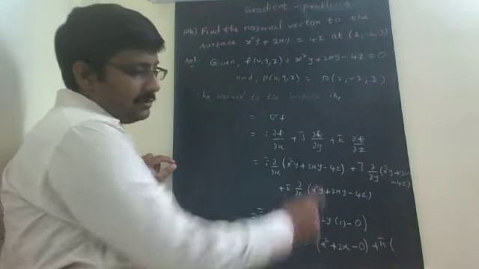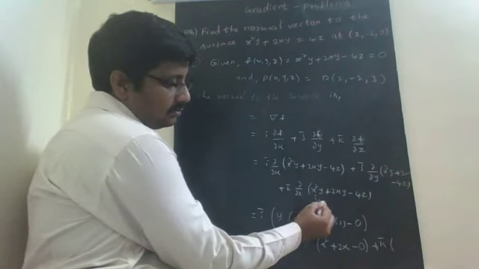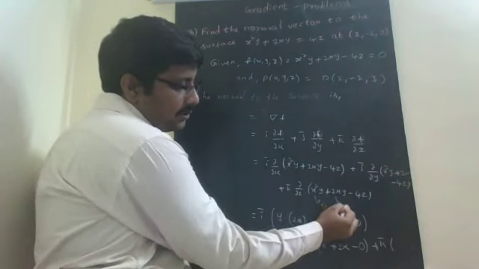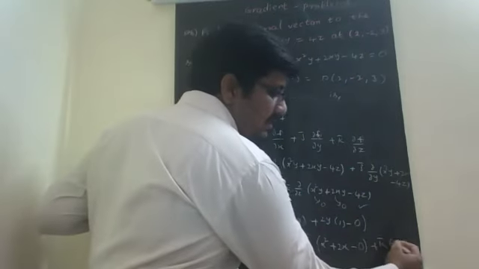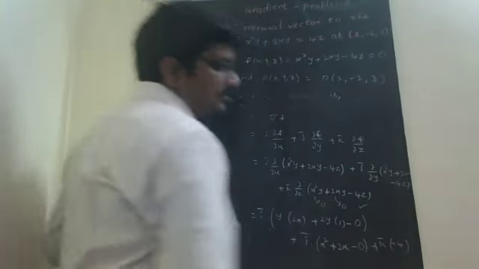So x square y derivative 0, 2xy derivative 0, minus 4z derivative. So here minus 4 is constant, z derivative is 1.